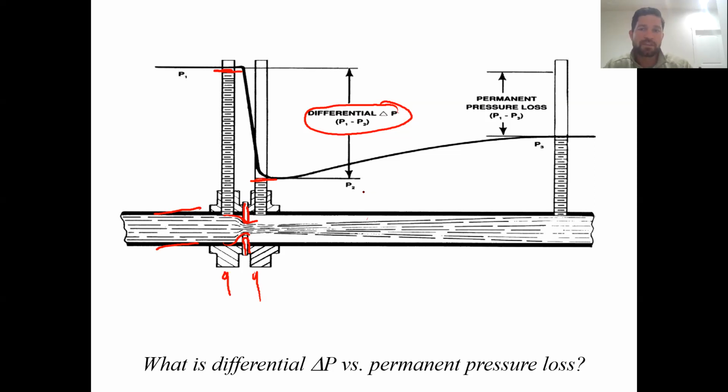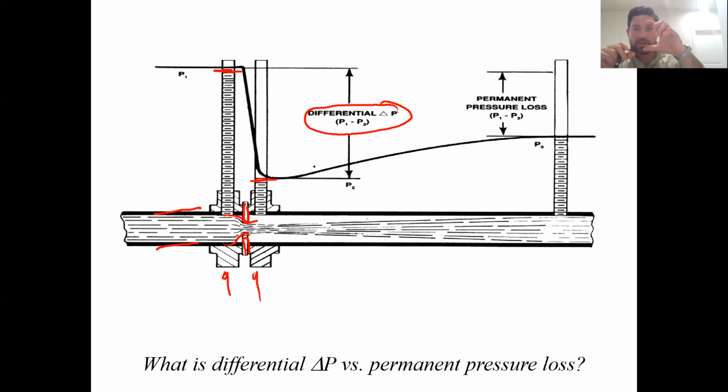Okay, one of the things that's important to know about orifice plate DP cell design and such is that the more you restrict the flow, the higher the delta P you're going to measure, but also the more permanent pressure loss you're going to achieve. So typically, in terms of designing an orifice plate DP cell, you want the minimum pressure drop needed to accurately resolve the delta P, right?